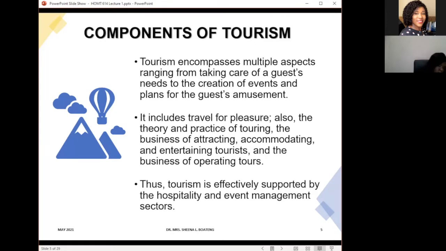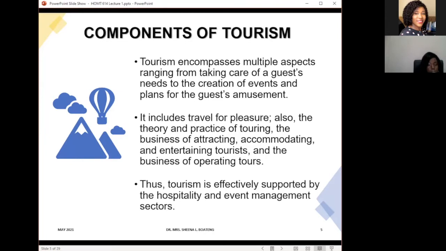So tourism includes these in addition to traveling for pleasure, which takes us back to the events and the amusement. And it's also about the theory and practice of touring, because some events are organized and built around touring various destinations that have certain significance in that particular context that the tourists find themselves in.